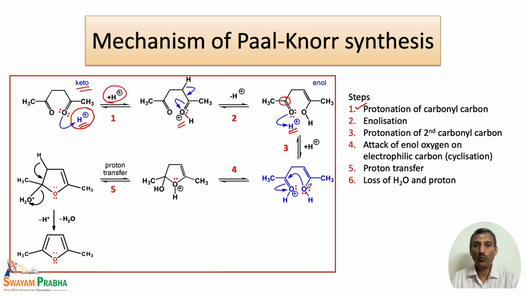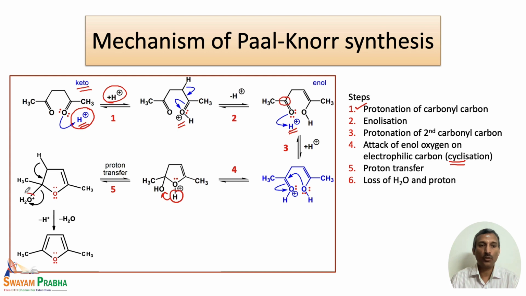Now, a lone pair of electrons from this oxygen attacks the electrophilic carbon atom, leading to the cyclization. This is a very crucial step. The enolic oxygen attacking the carbonyl carbon, leading to the cyclized product, is the crucial reaction, and this leads to the hemiacetal as shown here. There is a proton transfer, because one of the hydrogens from this oxygen is shifted to the hydroxyl oxygen.